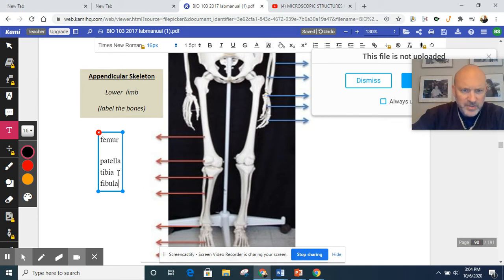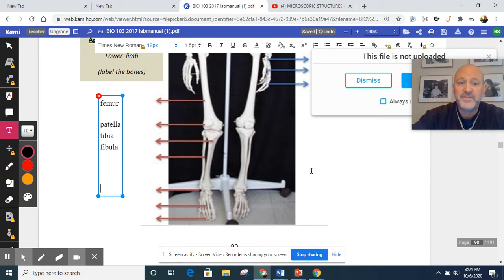A lot of students make the mistake of getting confused between the two, and they'll call one the fibia and the other one the tibula. Well, that would have to be marked incorrect because it's a tibia and a fibula. So just make sure that we are aware of that. The little bone in the leg, the smaller of the two: if you tell a little lie, that would be telling a fib.